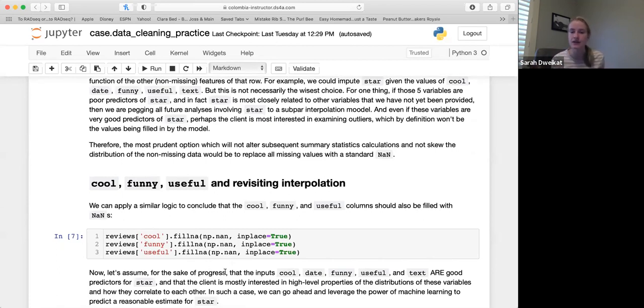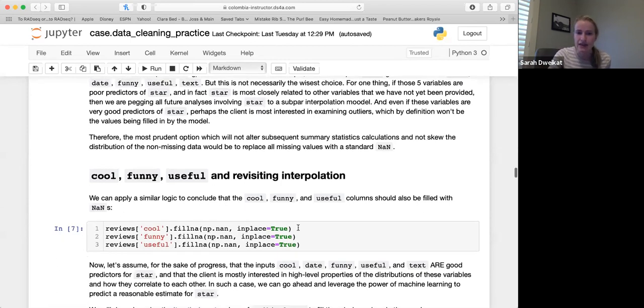That is the appropriate method in this case, because we don't actually know if they are good predictors of one another. So our safest bet is to put in NaN instead and say these are missing data points.